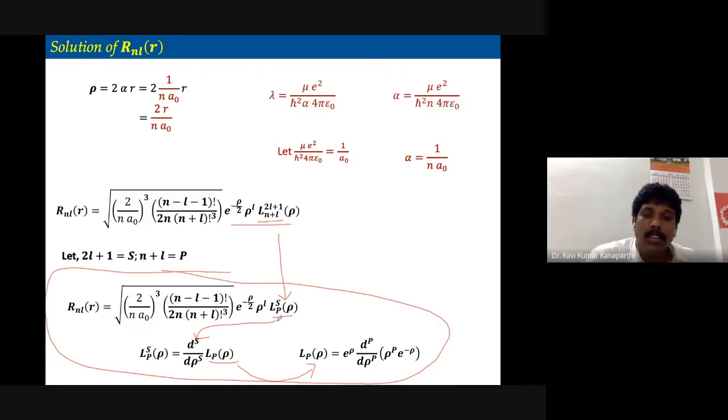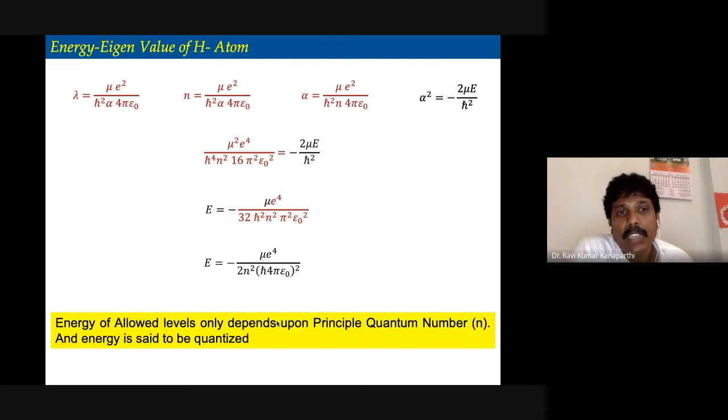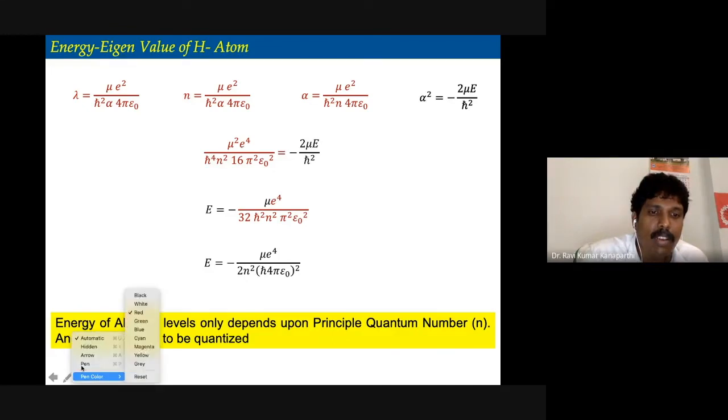Okay, fine. Finally, before concluding today's class, let me go back. During the process, we also obtained a few equations, and from those we can evaluate the energy of the hydrogen atom. Let me recall the relation.